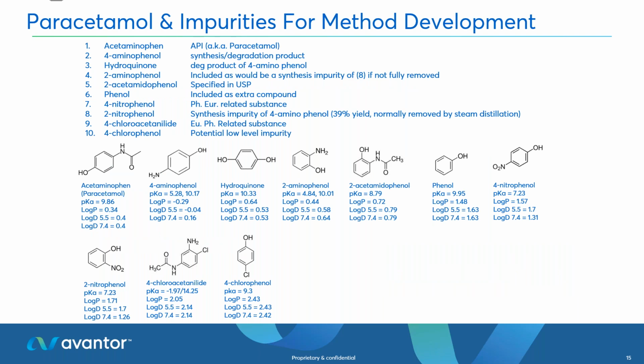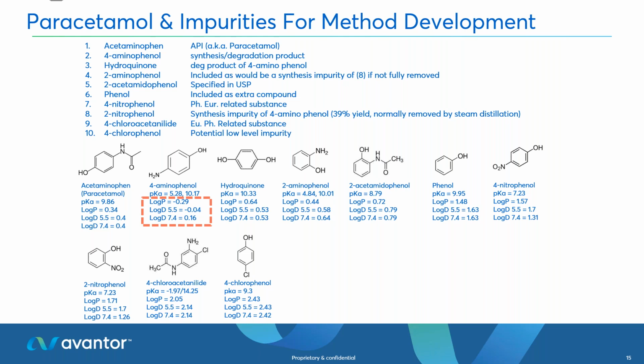This one, we're lucky here because we've actually got a known substance. We've got 10 components in our mixture, and we've got all of the information available about the analytes of interest. What that means is we can look at some of these properties and say, is that screening method fit for purpose?